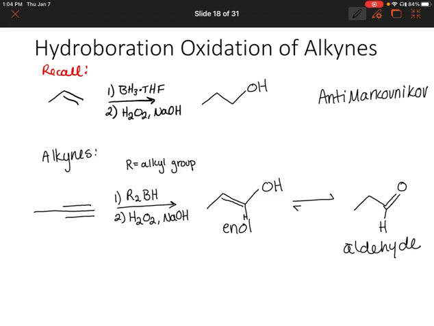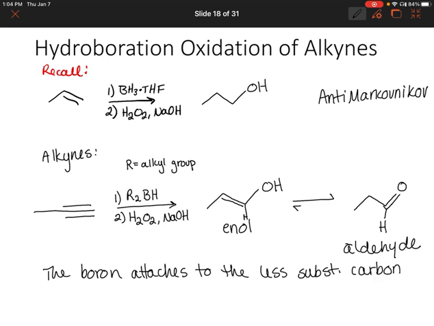All right, so in general, the mechanism here involves the boron attaching to the less substituted carbon, and then it's later replaced with an alcohol group. So the boron attaches to the less substituted carbon and is later replaced with OH.